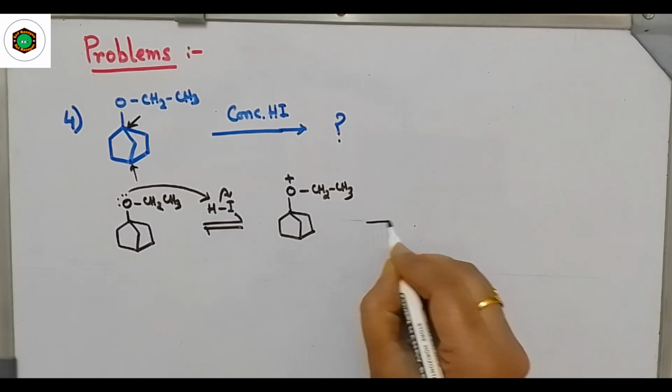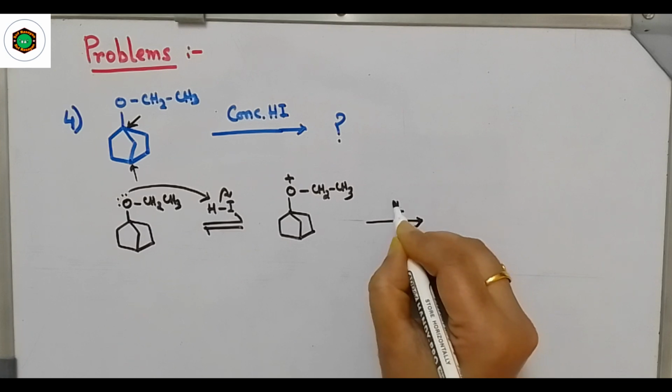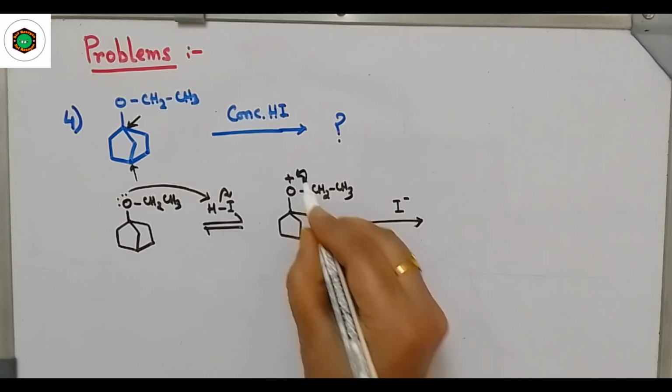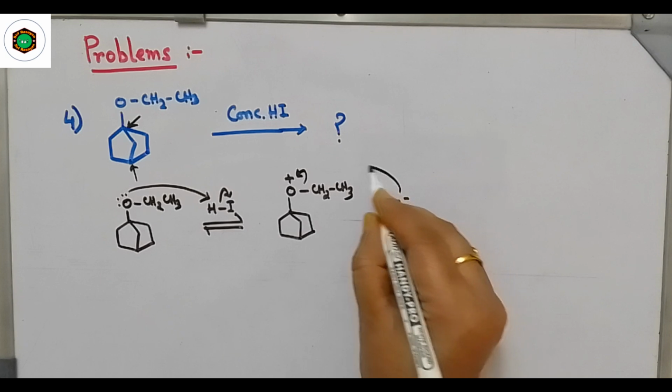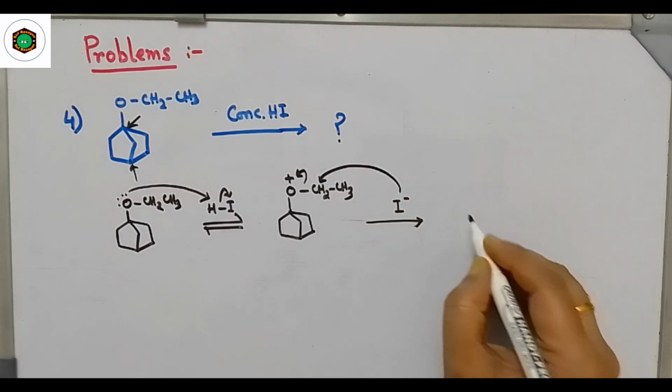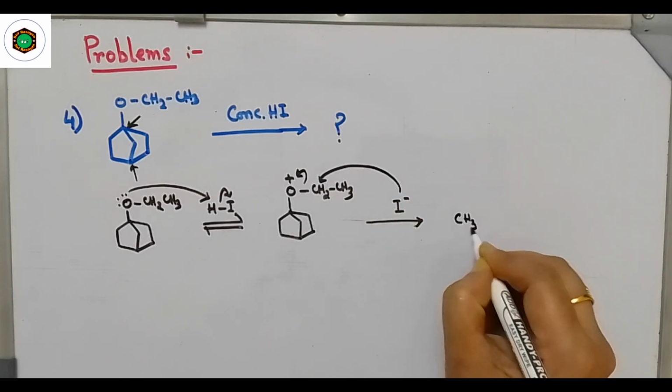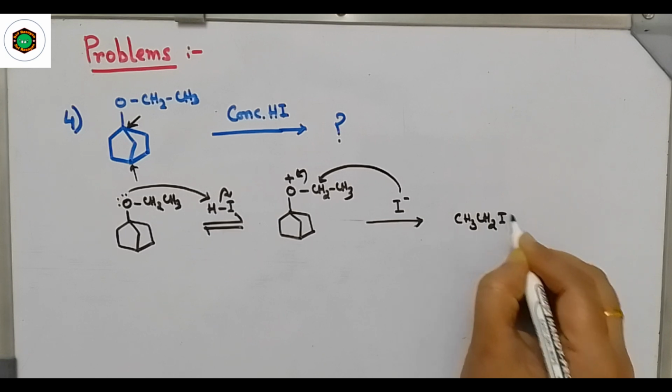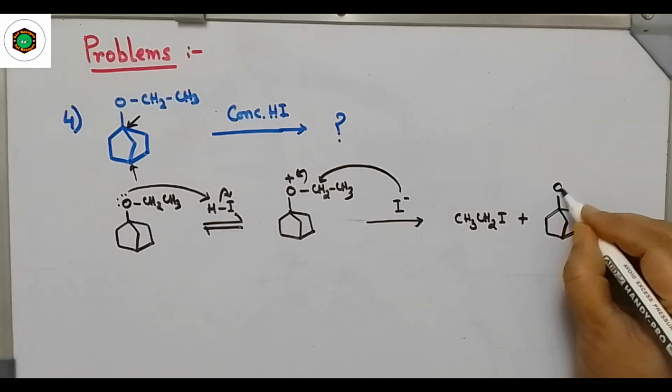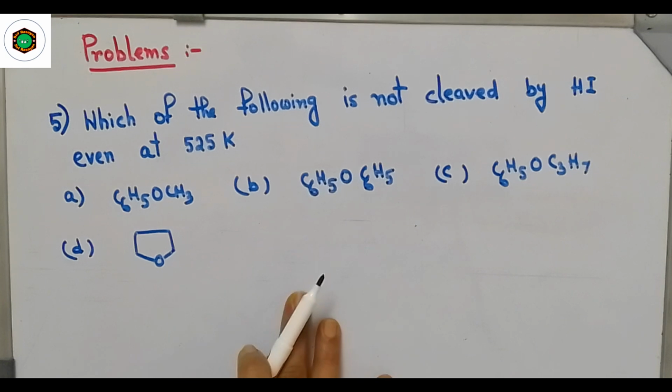So what will happen? By SN2 mechanism, iodide will attack here and we will get CH3CH2I plus this alcohol.